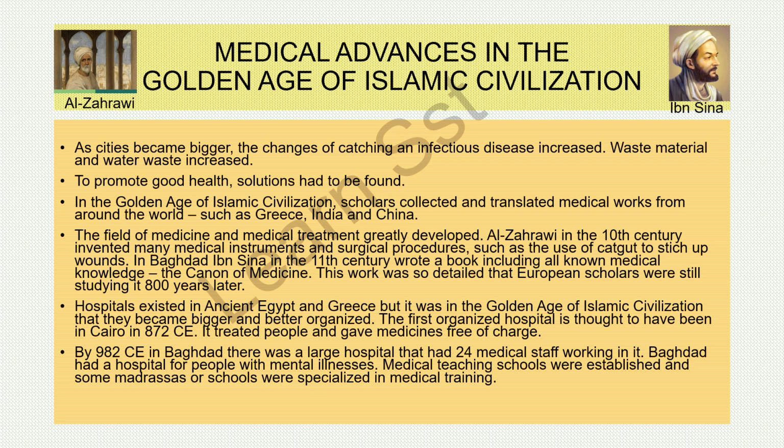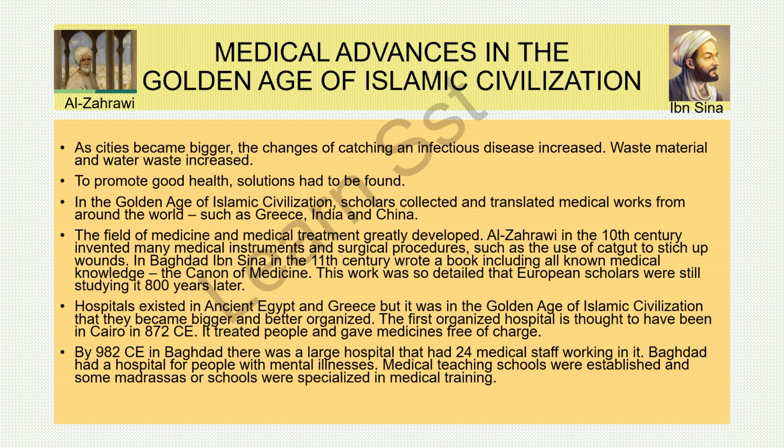This work was so detailed that the European scholars were still studying it 800 years later. That means Ibn Sina of Baghdad was so well versed, such an intelligent and wise person, that European scholars were studying, 800 years later, the book which he had written.